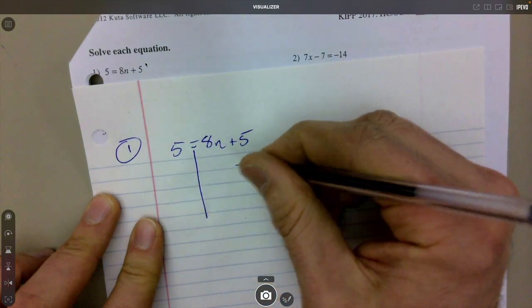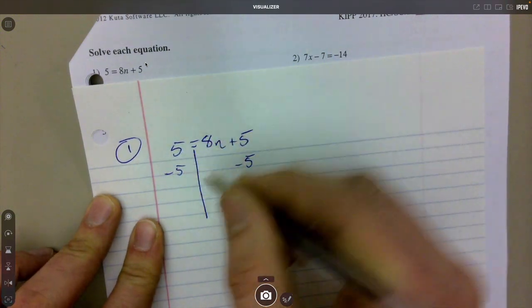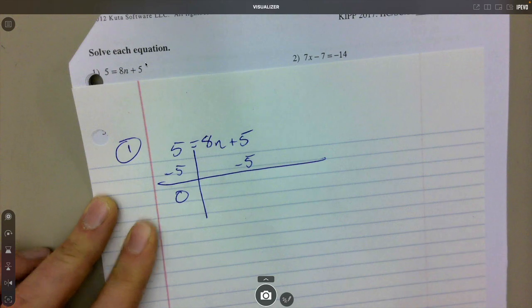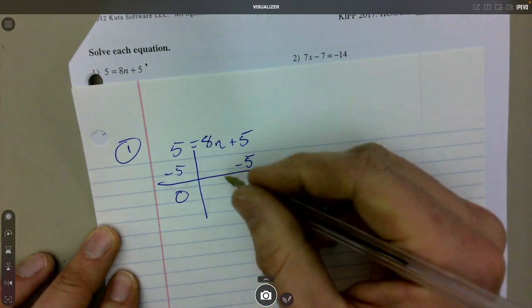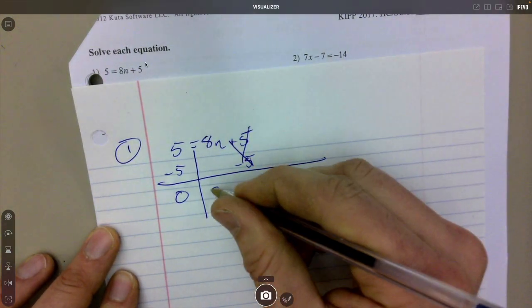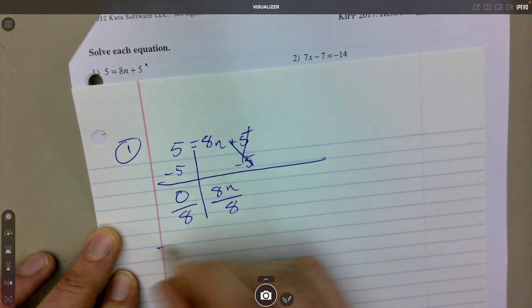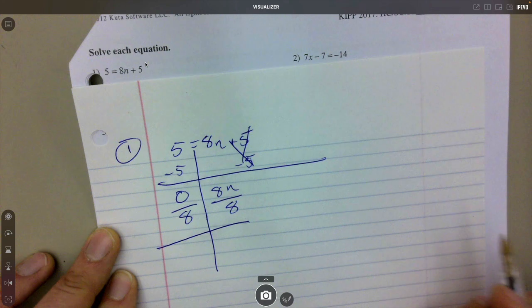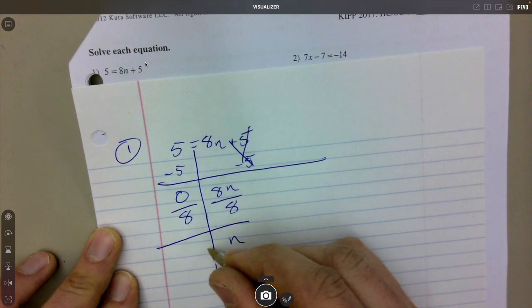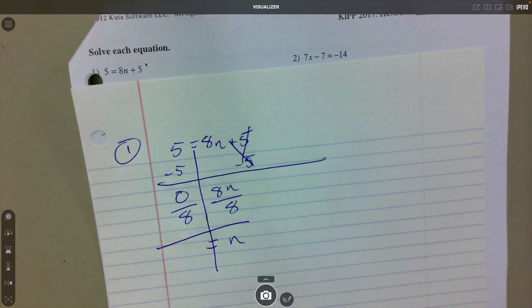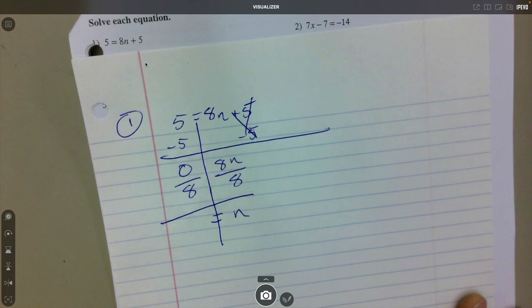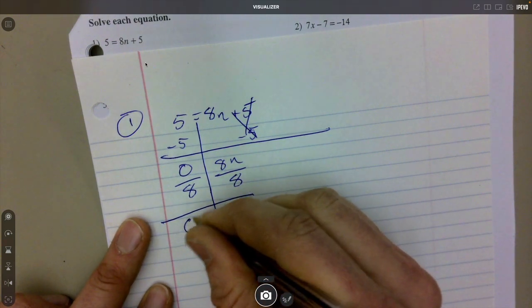On both sides, I'm subtracting 5 first, drawing a line to separate my step. Cross out the 5s, divide by 8. That leaves n by itself. Draw another line, that's the third step. 0 divided by 8 would be Colton? 0.